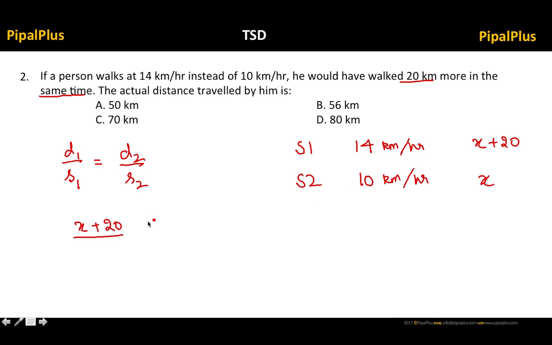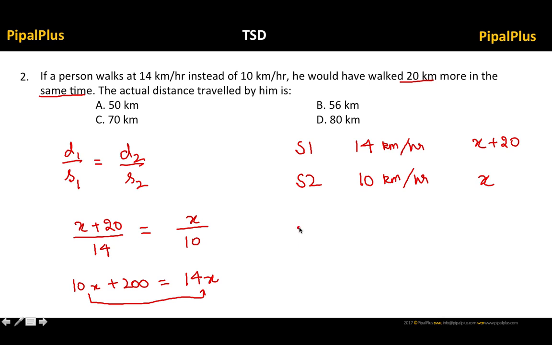And the speed with which x plus 20 is covered is 14 kilometers per hour. This should be equal to the distance covered in the second case and the speed with which this distance is covered. Now let's cross multiply. We get 10 times x plus 200, because I multiplied 10 with this numerator, equals 14x, right? So I'll bring this 10x here and it will be subtracted from 14x.